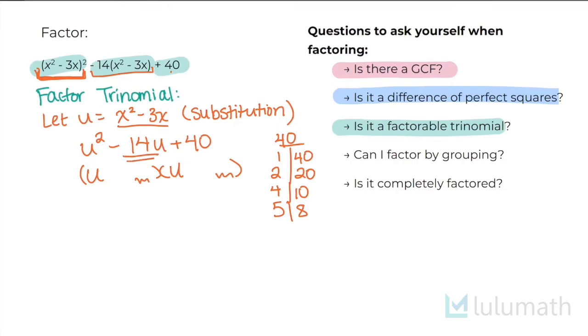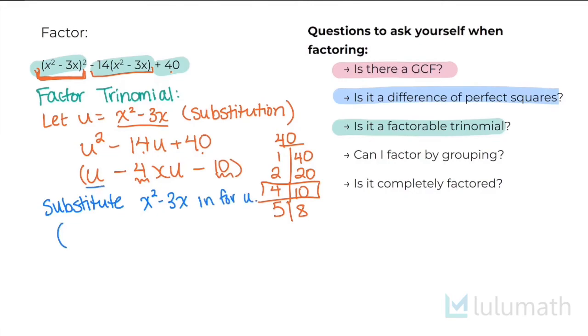I'm looking to get a negative 14, which I can get from this 4 and this 10. So I will put a 4 here and a 10 here, and it will only work if I have a negative 4 and a negative 10, because that will add up together to give me negative 14, but multiply together to give me this positive 40. Now I'm going to substitute x squared minus 3x back in for u.